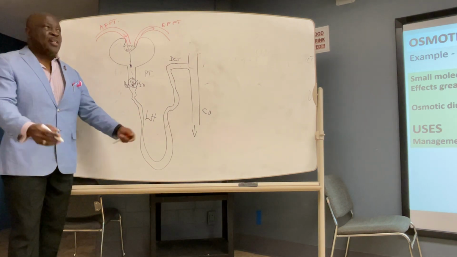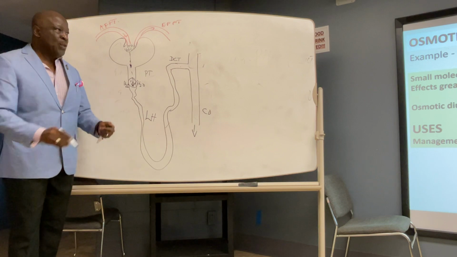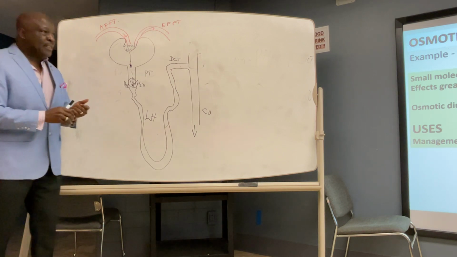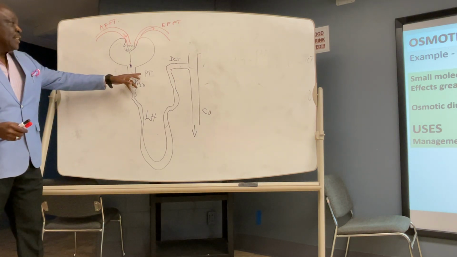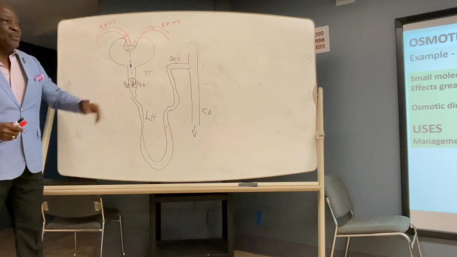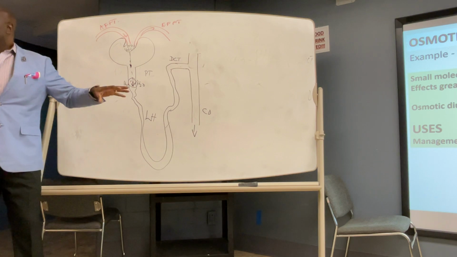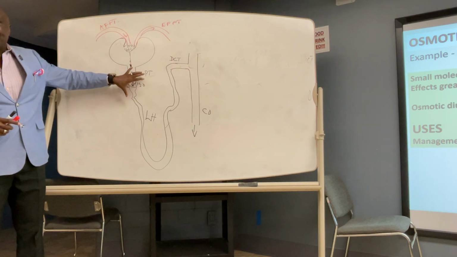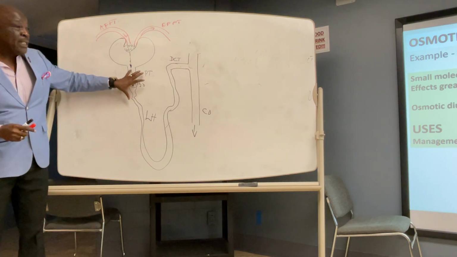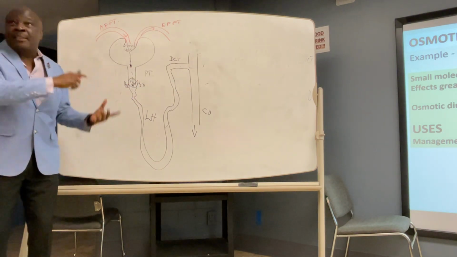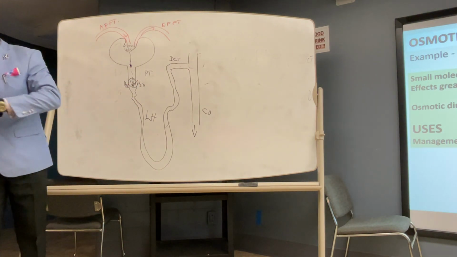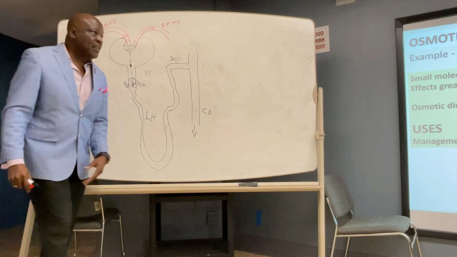And of course, where sodium, water, and all that goes, then you find the effect. So the effects are greatest at the proximal tubule, because this is where you get the greatest water reabsorption. So if the water does not get reabsorbed, that means it does not get back into the body, then it gets out.